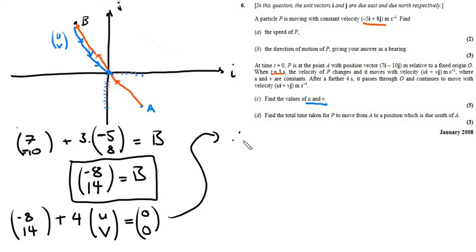So, therefore, negative 8 plus 4u equals 0. 4u equals 8. u equals 2.